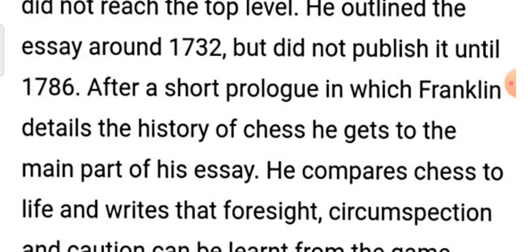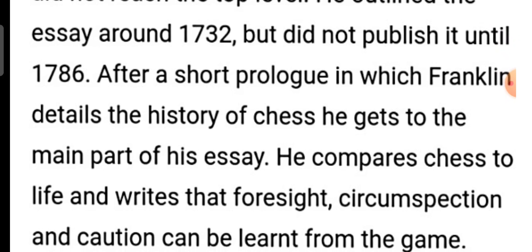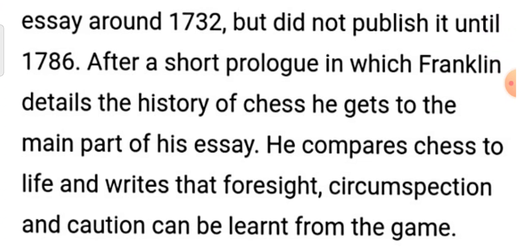In a short prologue in which Franklin details the history of chess, he gets to the main part of his essay. What is the main part?